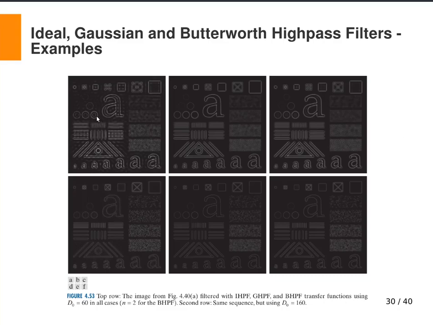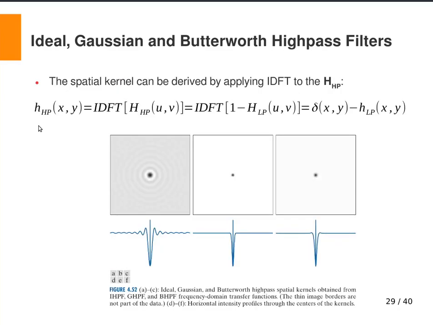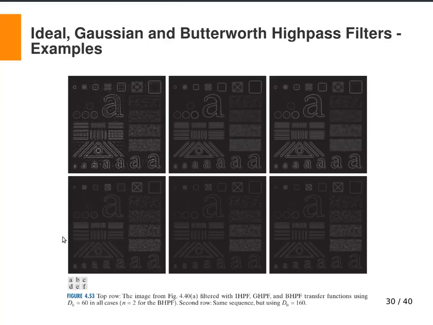As you can see here, these results are mainly showing the edges and boundary information, and the regions of constant intensity are almost completely eliminated, and you know that those regions correspond to low frequency components. Another thing that you might see is that you still see ringing artifact in the result of the ideal high pass filter, and if I go back a little bit, you see that that is something to be expected, because we have locations of zero crossing in its spatial representation as well.